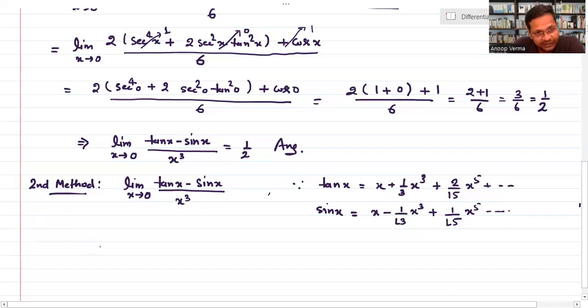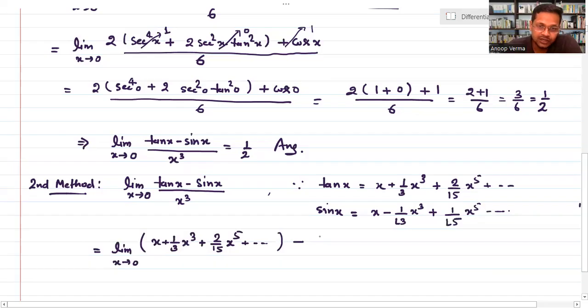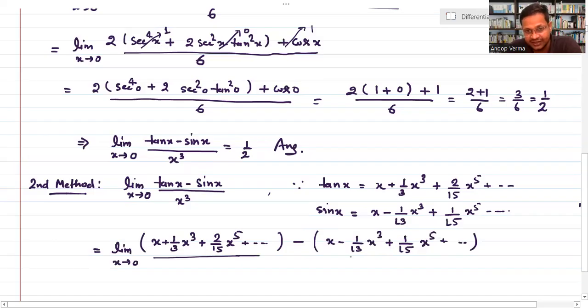So this limit will be equal to the limit as x tends to 0, using the expansion of tan x, x plus 1 upon 3 x cube plus 2 upon 15 x power 5 and so on, minus the expansion of sin x, x minus 1 upon factorial 3 x cube plus 1 upon factorial 5 x power 5 and so on, divided by x cube as given.